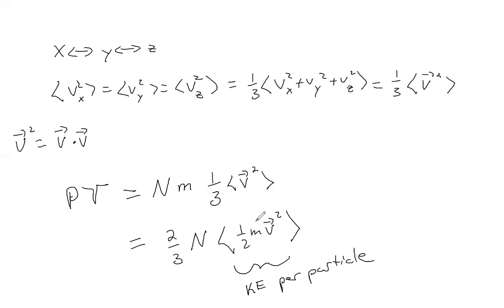This thing, on the other hand, one of the ways that we wrote the ideal gas law was to say that P times V equals the number of particles, and this is the physics way of writing it, times the Boltzmann constant times temperature.